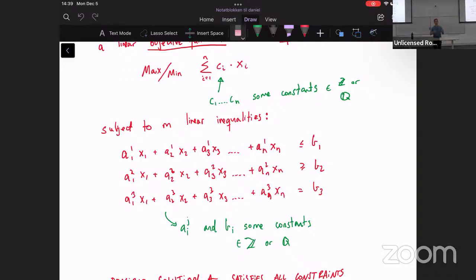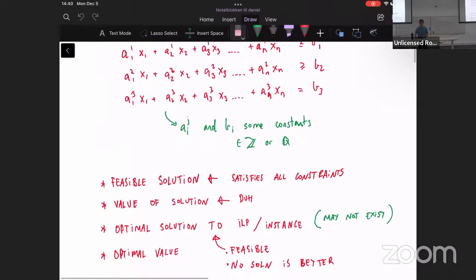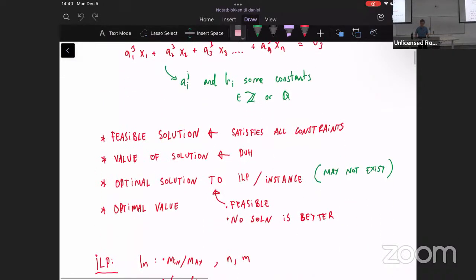Then how many bits do you need to encode your input? Well, n times m, because you have that many numbers, times however many bits you need to encode one number, which will be log M. So n times m times log big M is the size of your input instance.